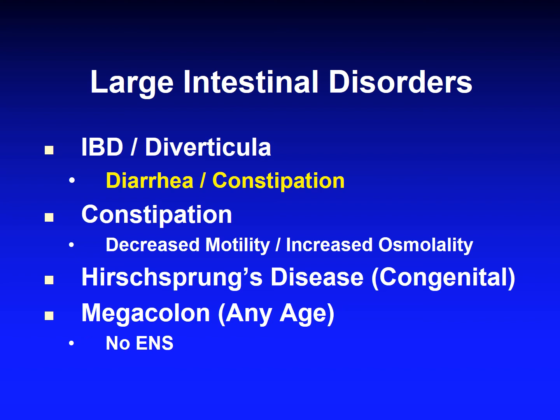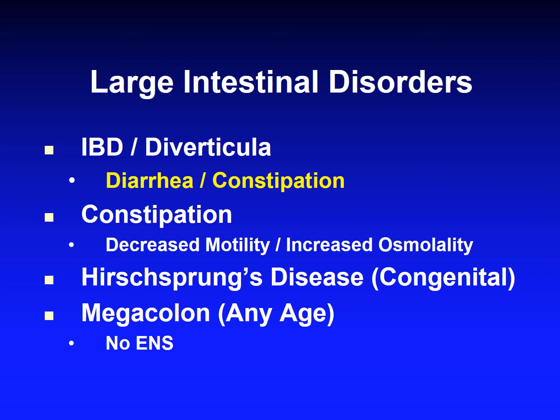Hirschsprung's disease is congenital and therefore it leads to death. Megacolon, on the other hand, can happen at any age, and it can be treated surgically as well as medically. So Hirschsprung's disease is the same as megacolon, but only in newborns.